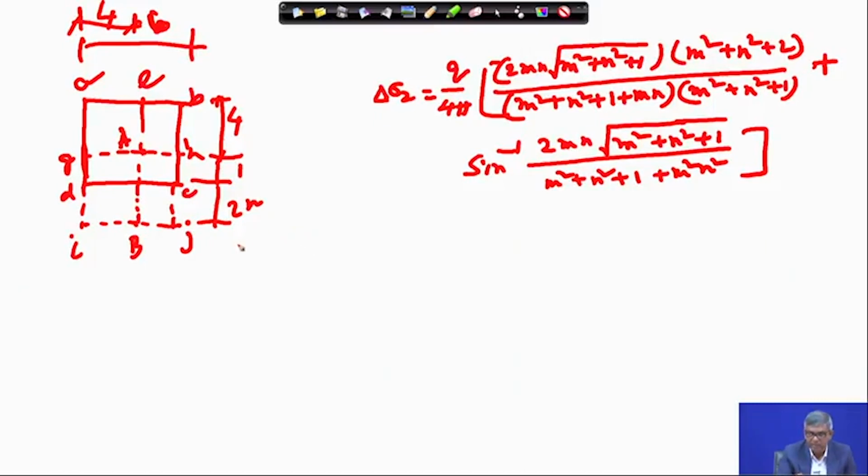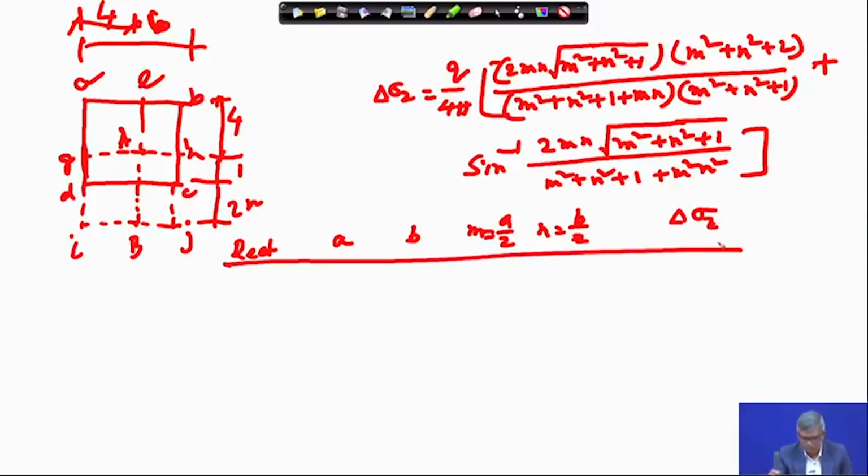Suppose I will do rectangle, and then what is the value of A, what is the value of B, what is the value of m equal to A by z, what is the value of n equal to B by z, and what is the value of delta sigma z. So, like that, the rectangle is A E B H. So, this is the one I am taking.